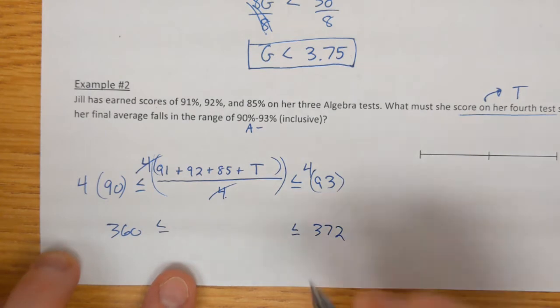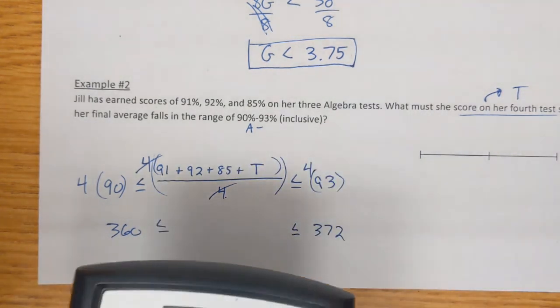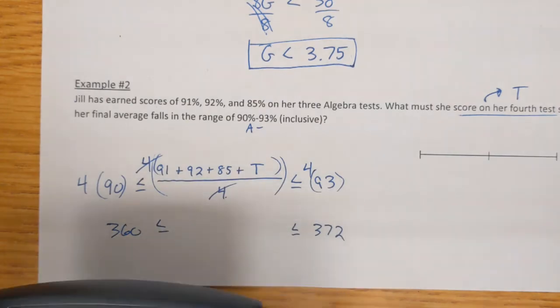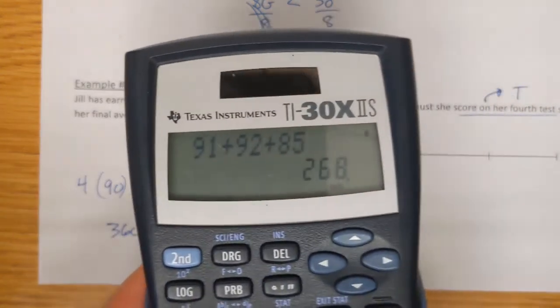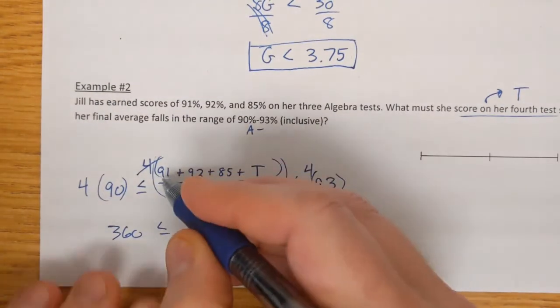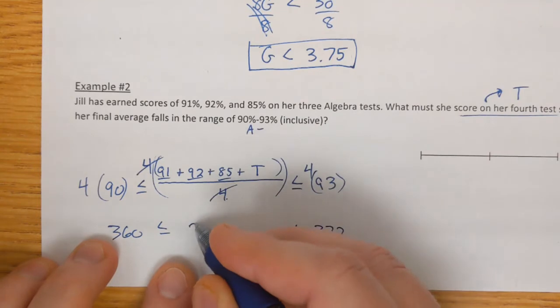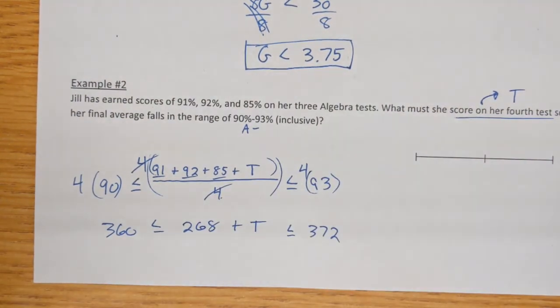And then, while I'm at it, I'm going to add together this 91 plus 92 plus 85. Those 3 test scores add up to 268. So I'll combine all these into 268 plus T. Look how much simpler that became with those 2 steps.